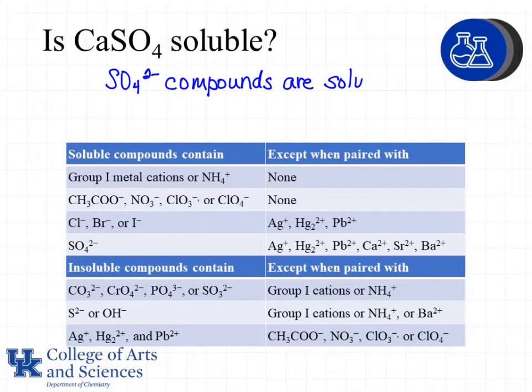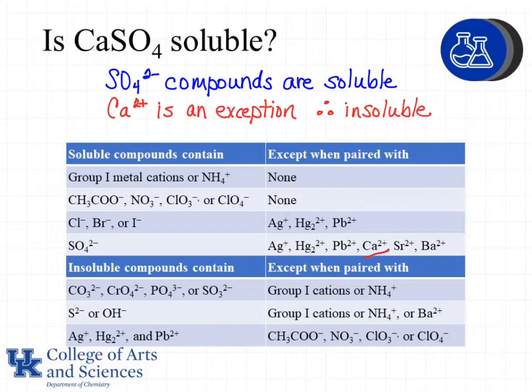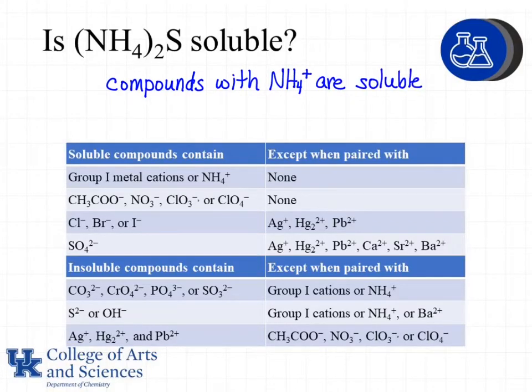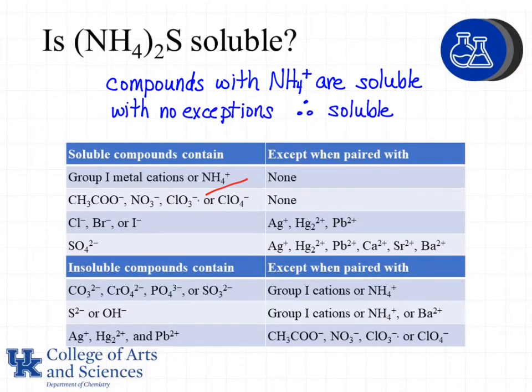Sulfate compounds are generally soluble, and there are some exceptions, and calcium is one of them. Since calcium is an exception to the solubility, we see that this compound is insoluble. Is (NH4)2S soluble? Compounds with NH4+ are considered soluble, and we see that there are no exceptions, therefore this will be a soluble compound.